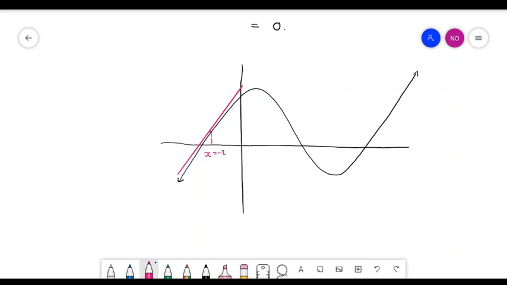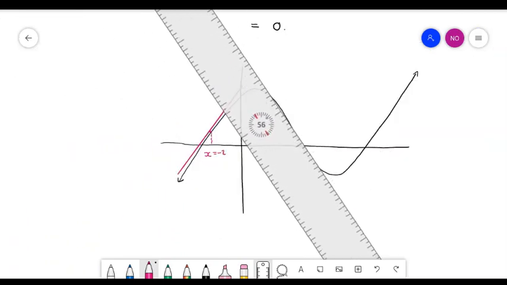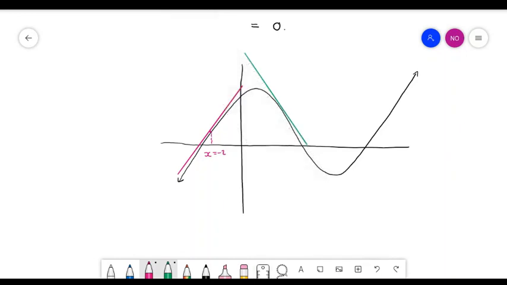Then the gradient of that straight line will be different than a tangent that I draw here. Let's say that's at x is equal to 3.